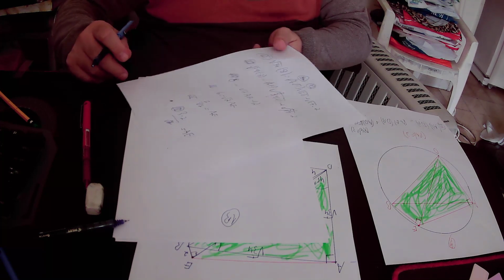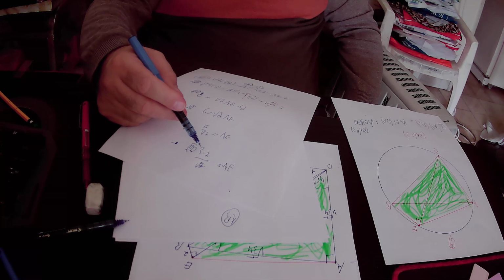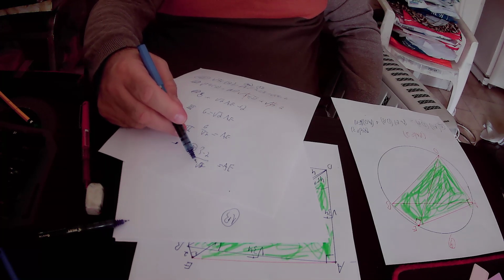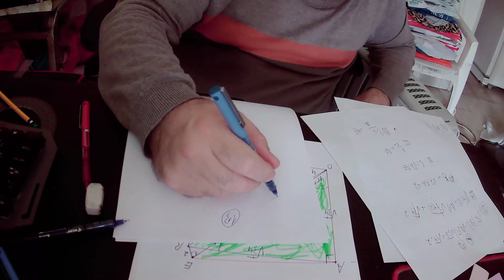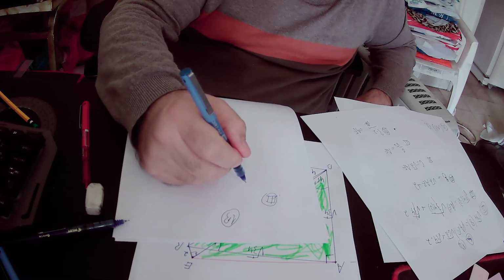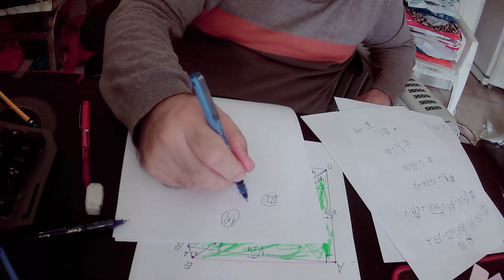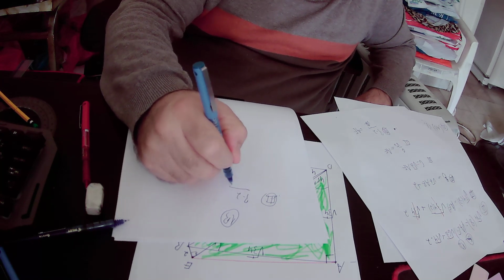Here we will multiply this side of the equality by square root of 2 and then divide it by square root of 2, and we will get that AE equals 3 times 2 over square root of 2.